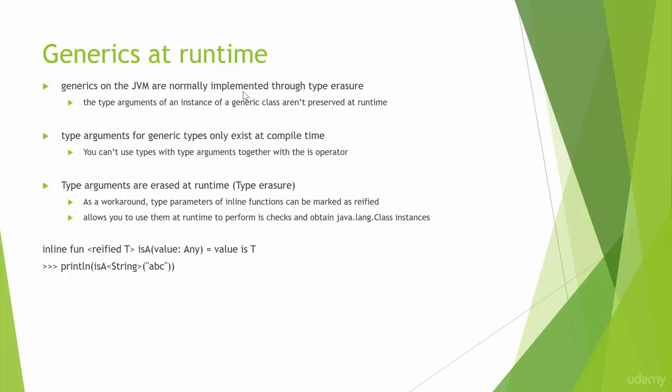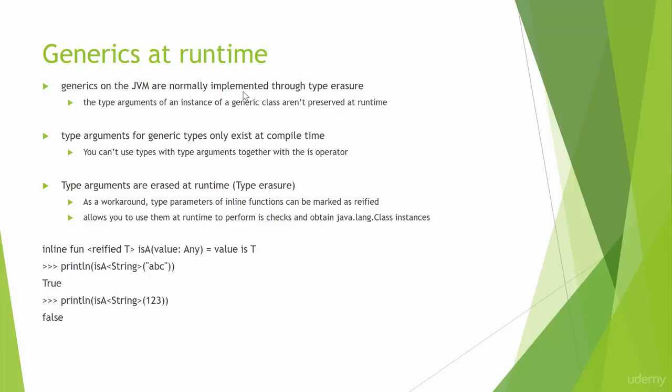And then you can print it out, and you can say is a string, and it will tell you the type, and it will check it at runtime. It will say true. And in this case, it would say false if you didn't pass in a string. I wanted to mention this again because you may need to do it at some point. You may need to mark something as reified to use that is operator.